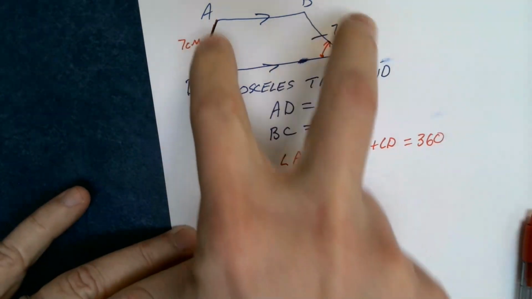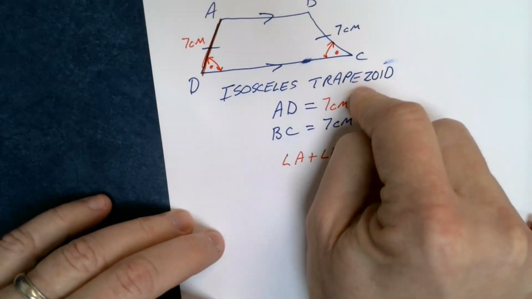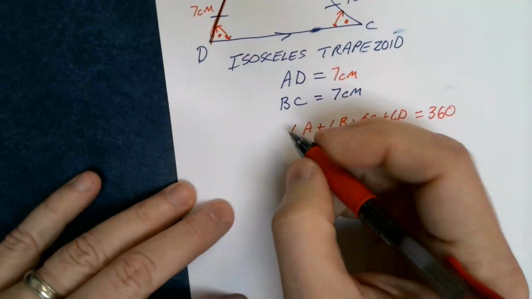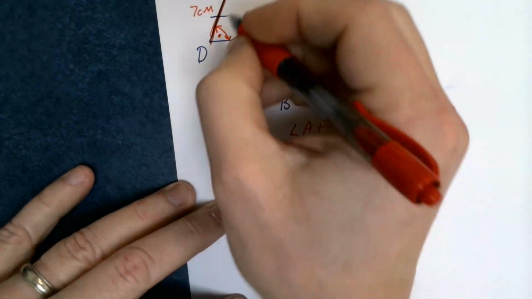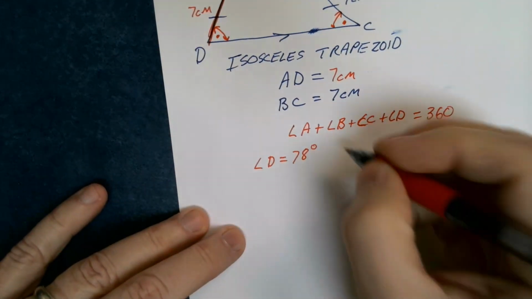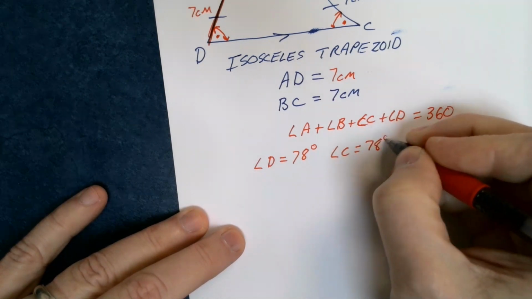If those two sides are equal, then those two angles are equal. But that's just the case for this shape, the isosceles trapezoid. So if I said this angle D was 78 degrees, then you would know that angle C is also 78 degrees.